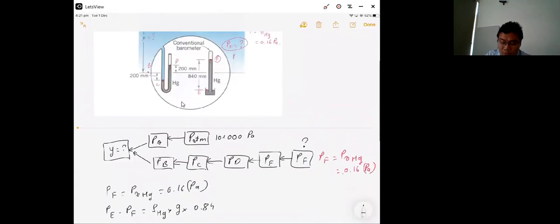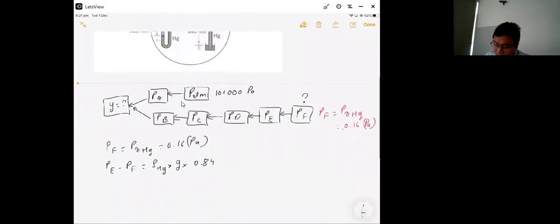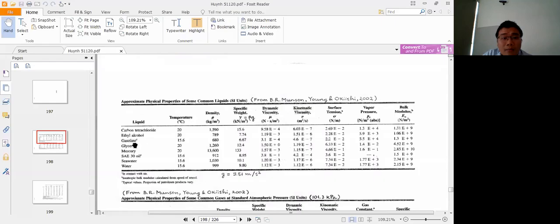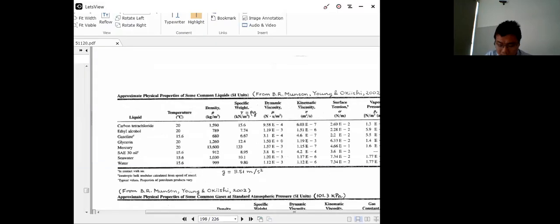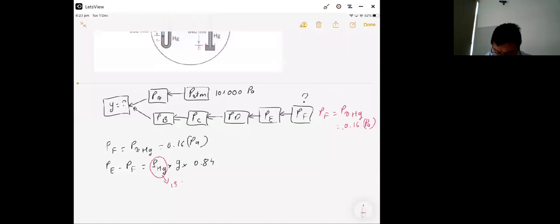The density of mercury you have from the table: 13,600 kilogram per meter cube.